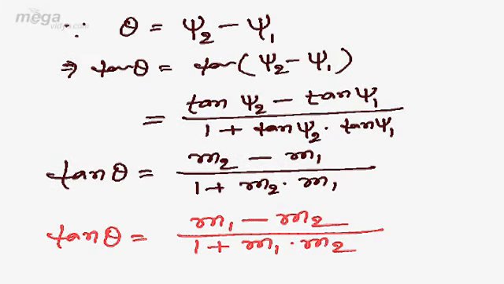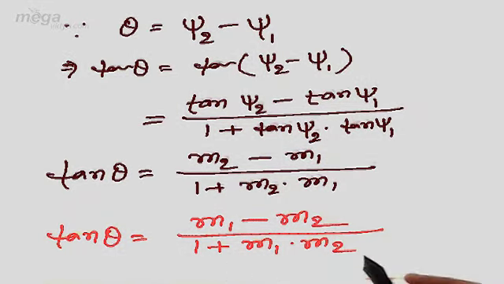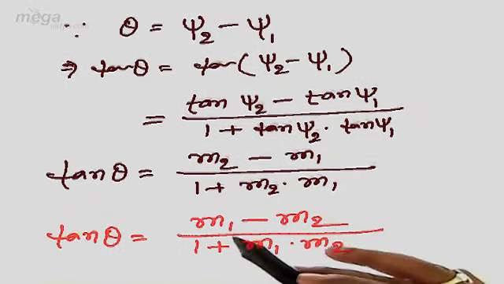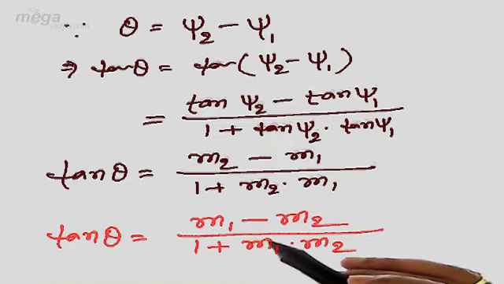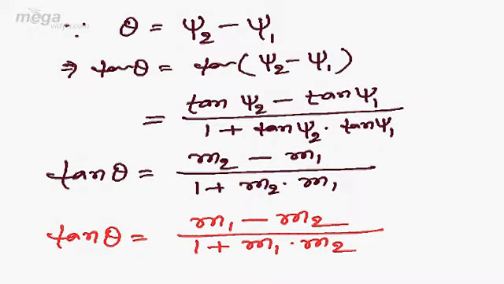It means in one situation you get a positive value, and in the second situation you get a negative value. So what do we do to get the same result irrespective of which line we take as line 1 and which as line 2?